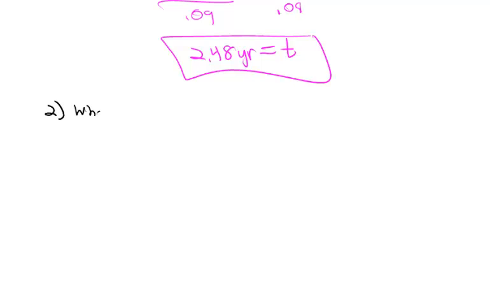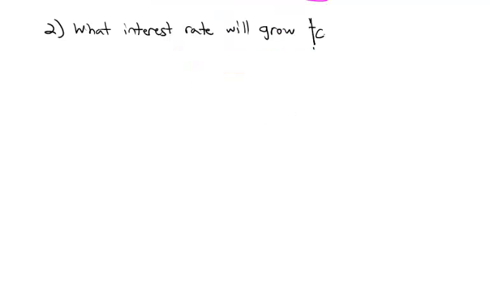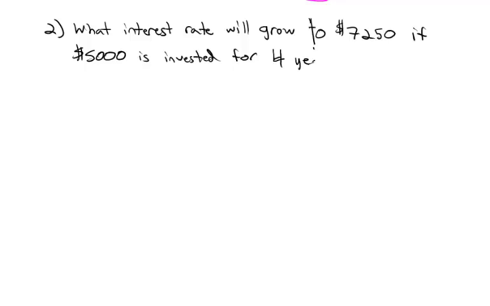Let's ask what interest rate will grow $5,000 to, let's do, $7,250 if it is invested for 4 years. Continuous interest.